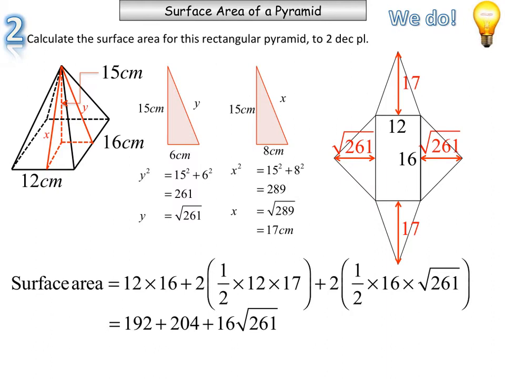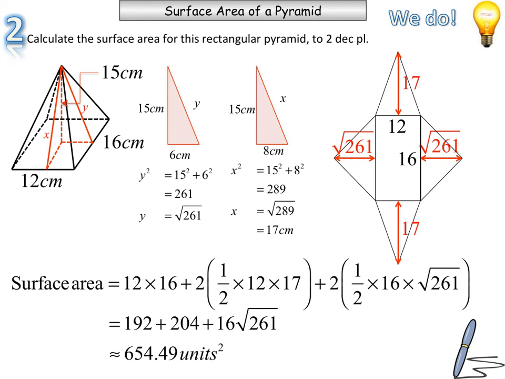Now, this line here is just saying that base is 192. This works out to be 204. And then this, leaving our answer as a surd, is 6 root 261. We want the specific measurement in 2 decimal places, so here is our answer rounded off to 2 decimal places.